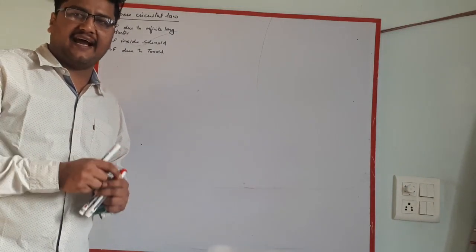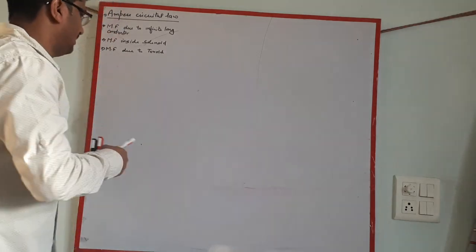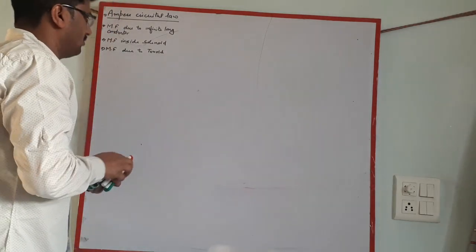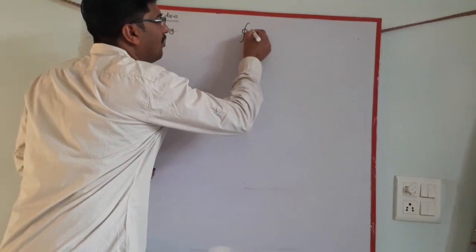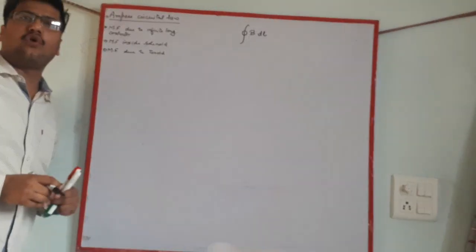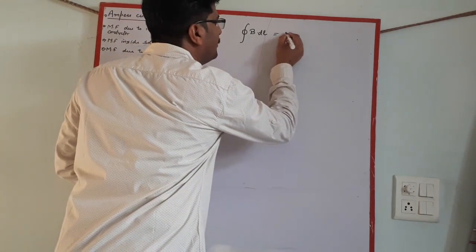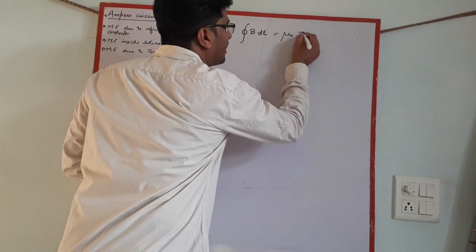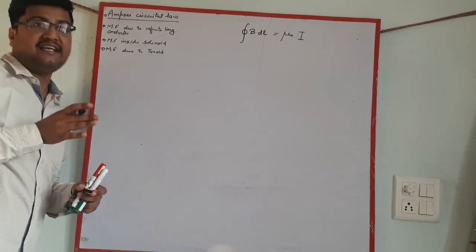It states that the line integral of a magnetic field over a closed loop is equal to mu naught times the current flowing through the loop, flowing inside the loop.